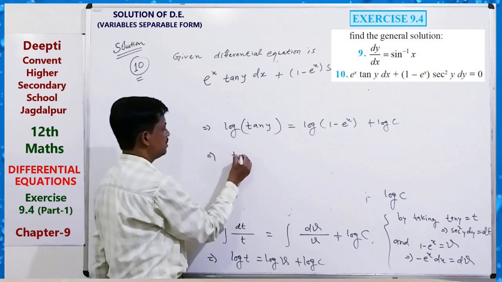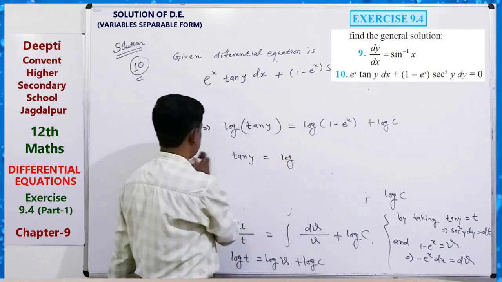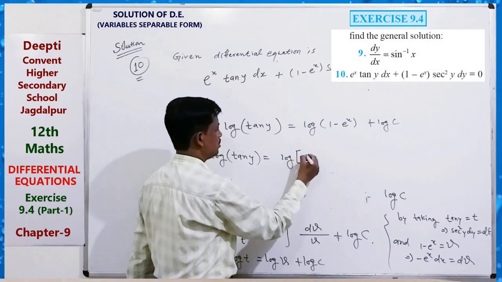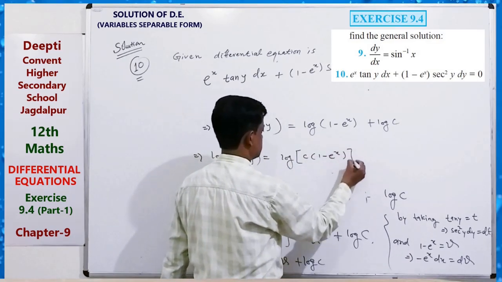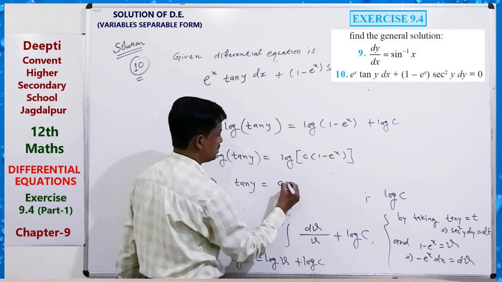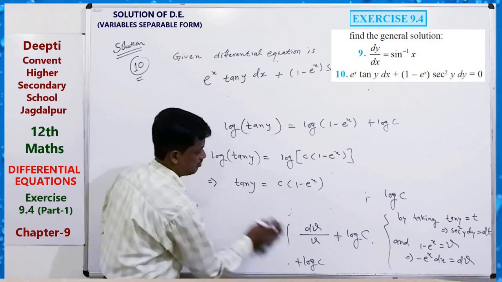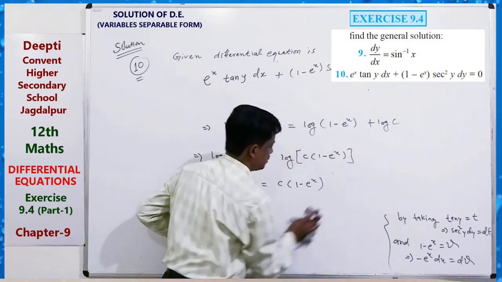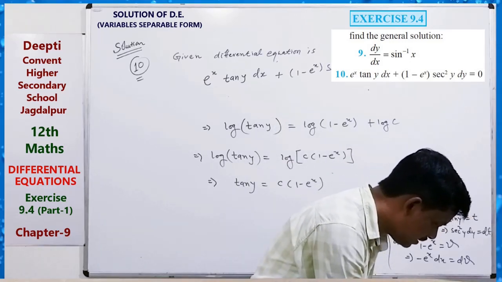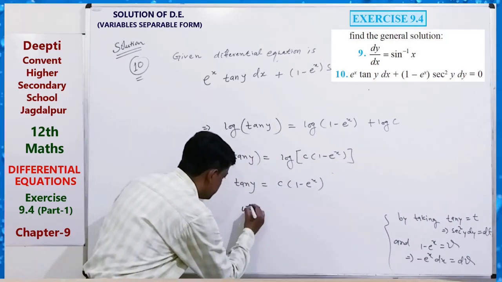So here we can write tan y equals to c into 1 minus e to the power x. This is the simplified form of the solution. Then tan y equals c times 1 minus e to the power x, which is the required solution.